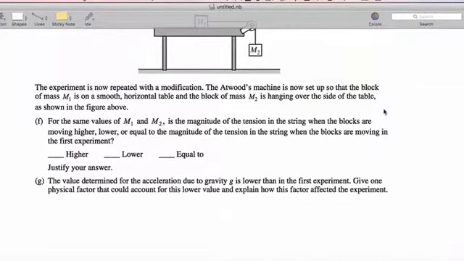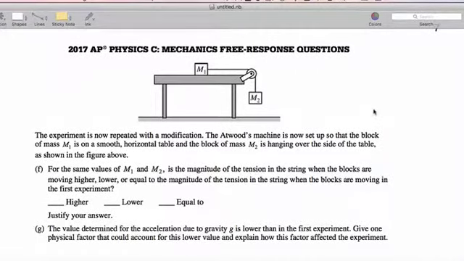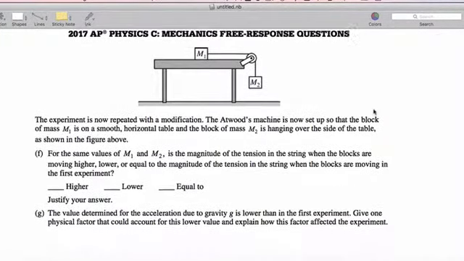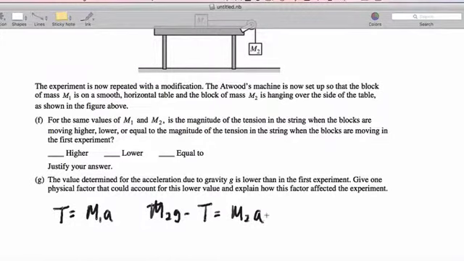Now, moving on, we ask if we keep M1 and M2 the same, how does the tension change? So I'm going to actually just go ahead and solve. So I know that T equals M1 times a, and I know that M2g minus T equals M2 times a.